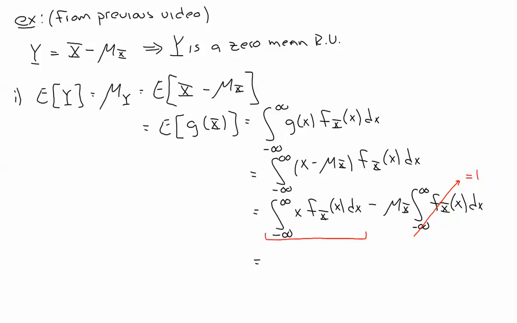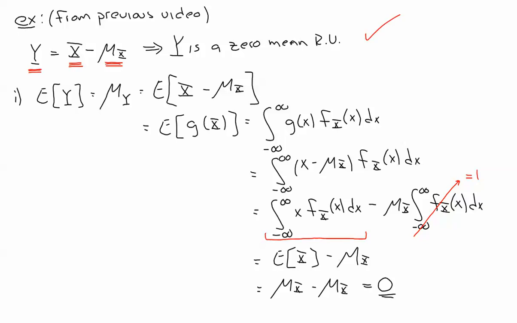So we can continue, we can say that this is the expected value of x minus mu x. Expected value of x can also be written as mu x minus mu x, and that's 0. Good for us. So we have confirmed rigorously that if I form any random variable y by taking a random variable x and subtracting its mean, y is indeed a new random variable with a 0 mean.